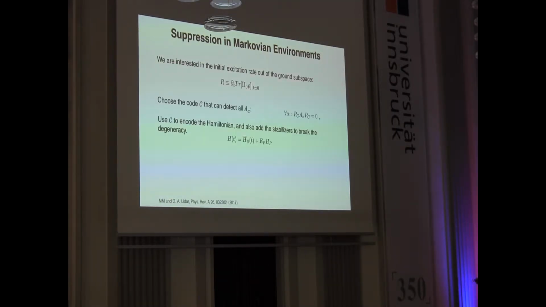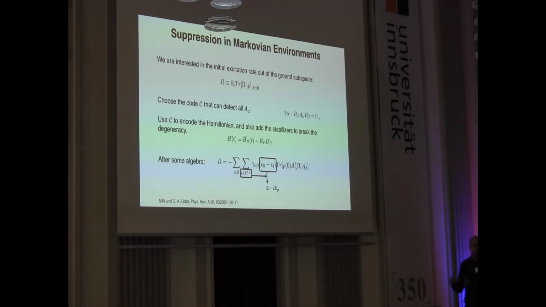So I plug in, and after some algebra, I get some equation for the rates, but this is the important part. The only energies that contribute to this excitation rate are the levels that are out of the code space.